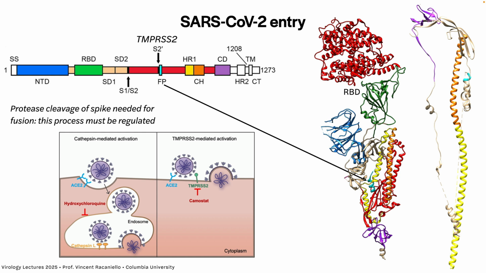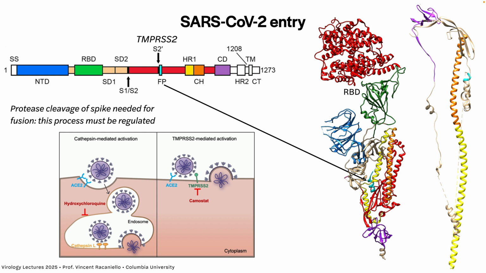In the cells in culture that those people used, the virus binds to ACE2, gets taken up by endocytosis, and there's a protease in the endosome called cathepsin L that cleaves the spike and catalyzes fusion within the endosome. Hydroxychloroquine inhibits cathepsin L. That's why it inhibited reproduction in cells in culture.